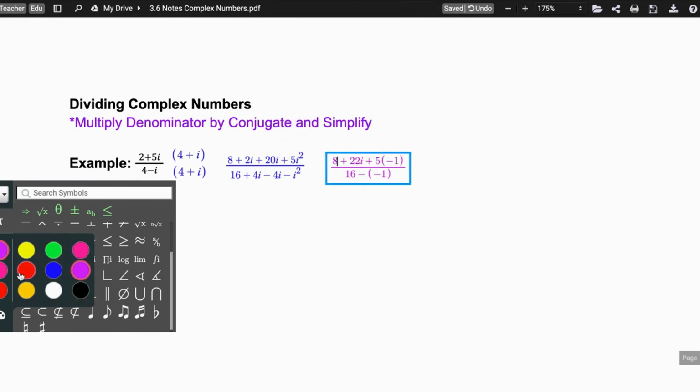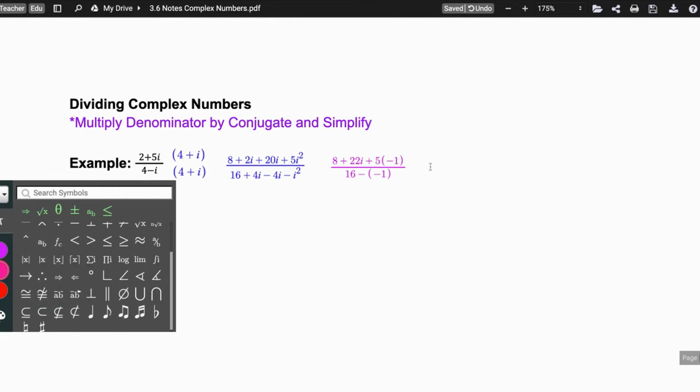Okay, but I'm not done yet. I need to keep doing some math. Anyways, I'm really going to have 8 minus 5, and then plus 22i over 16 plus 1.